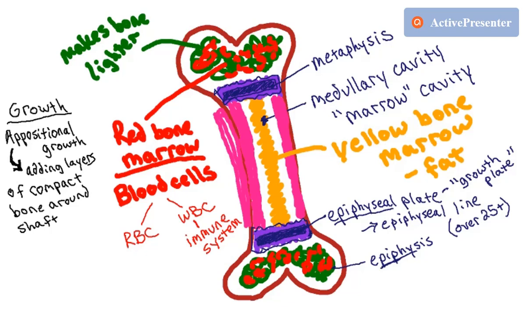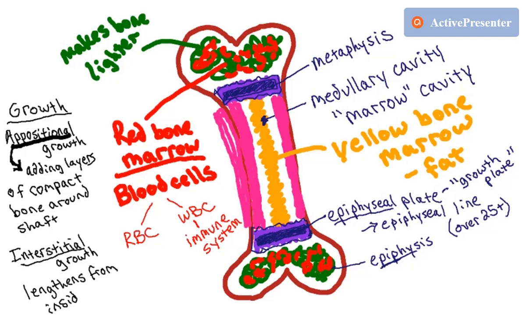A bone also, here's appositional, a bone also grows interstitially, and that's I-N-T-E-R-stitial, interstitial growth. And interstitial growth is when it lengthens from the inside. It grows from the inside out.